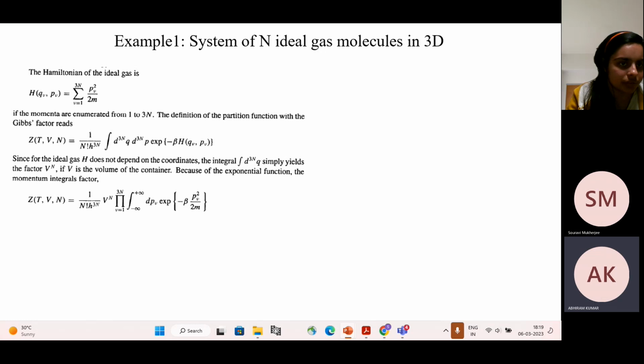And then you have the minimum volume for 3n of them, because 3D and n gas molecules. So from there you get this h to the power 3n. That explains why you have h to the power 3n, because you were dividing by the minimum volume that one microstate can have. But then why do you have this n factorial here?